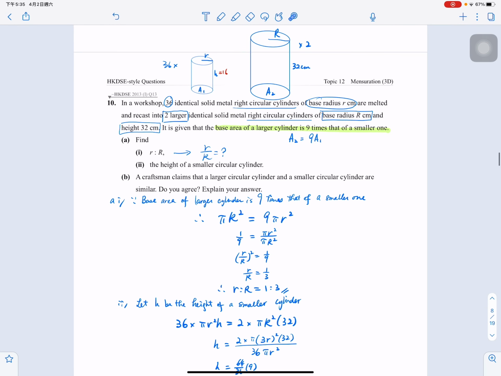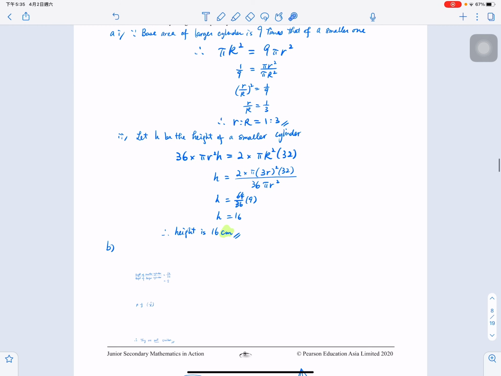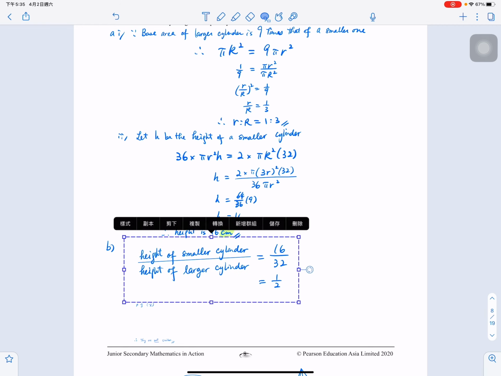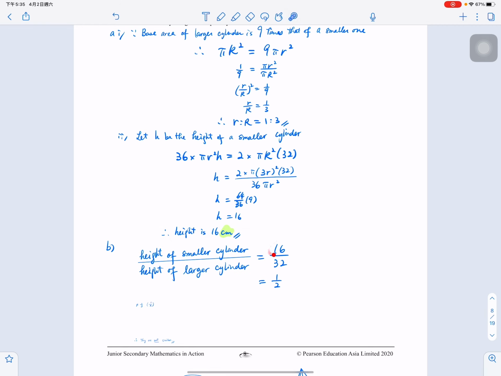Can you solve the problem in B? The craftsman claims this one is correct or not? Do you agree? Yeah, if they are similar, then the ratio of the heights should be equal to the ratio of the radii, right? So check it. What is the ratio of the heights? One is 16, one is 32, right?